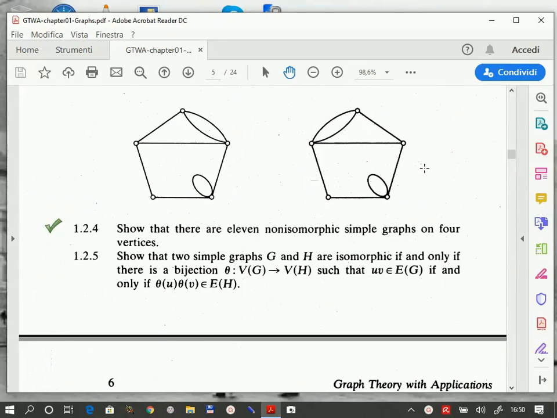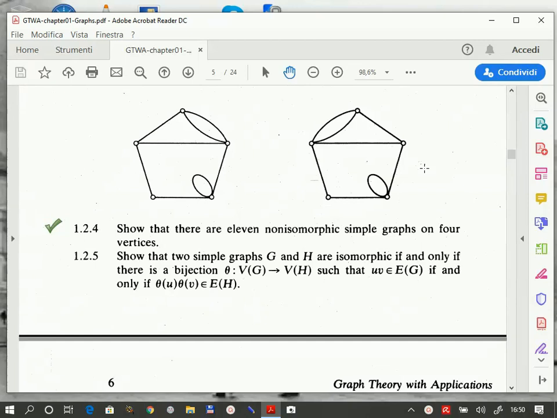Okay, no. But here, E and D have an edge in common, okay? And so you must have that theta of E and theta of D must have an edge in common here. But first possibility, what is theta of E? It's U. Is it connected to W here?